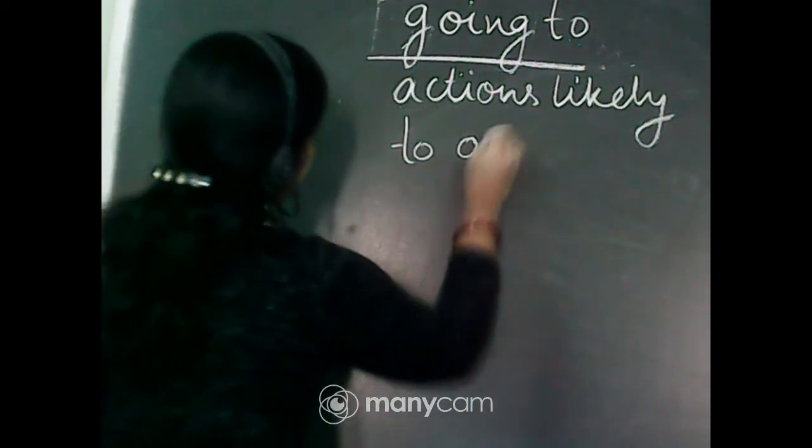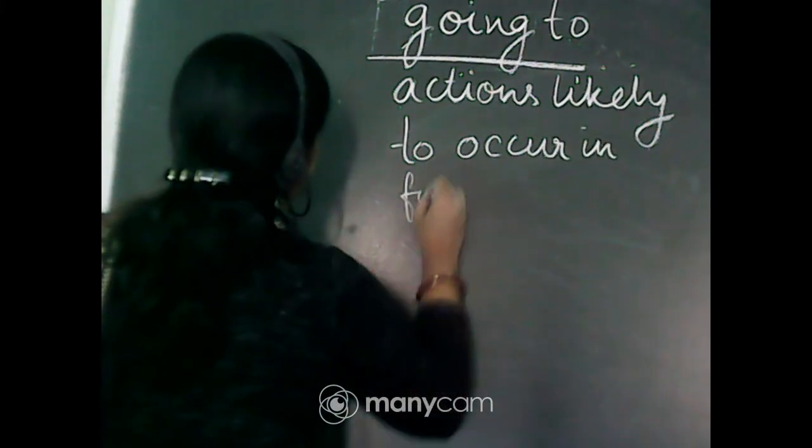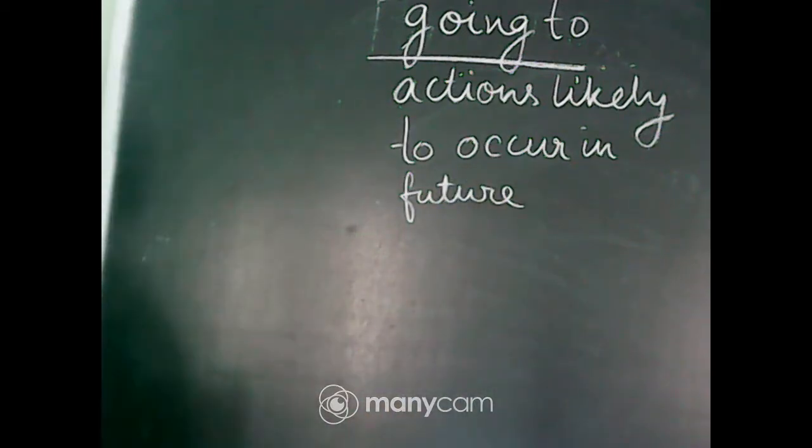Going to form is also used to indicate actions likely to occur in the future. Okay, so going to refers to actions likely to occur in future.